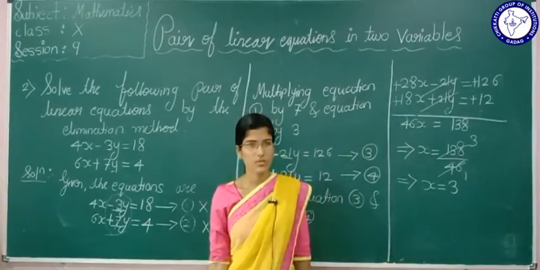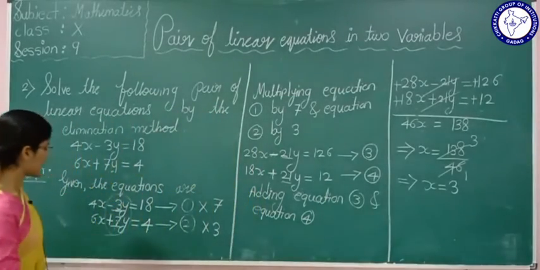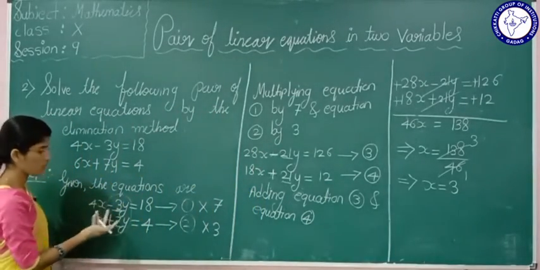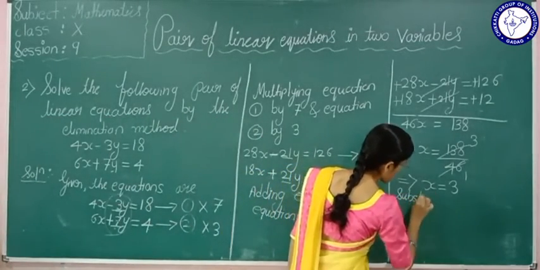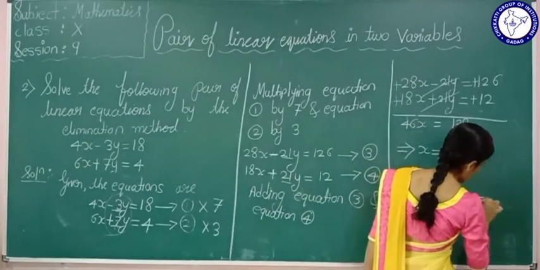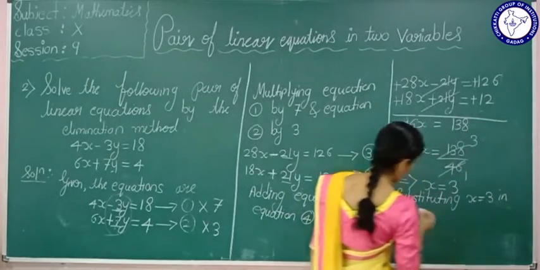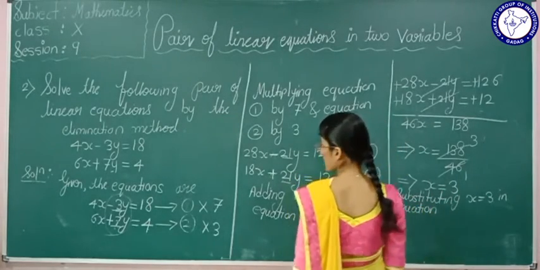What next is, you know, substituting x is equal to 3 in any one of the equations, in equation 1 or equation 2. Substituting x is equal to 3 in equation 1.